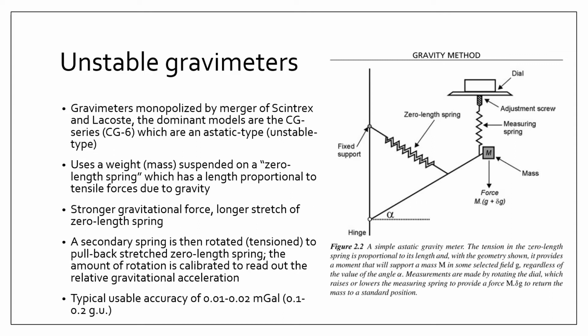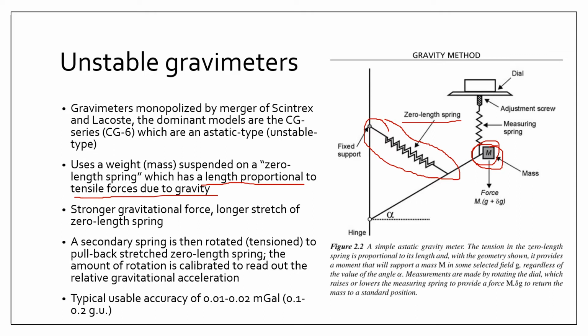So how does this work? Basically, you have your mass in here, and it is mainly suspended by a spring, what we call a zero length spring. Okay? So a zero length spring has a fancy definition, but all you have to remember is that a zero length spring is a spring that has a length which is proportional to the tensile forces due to gravity.